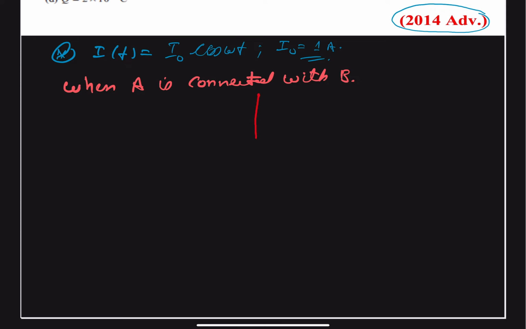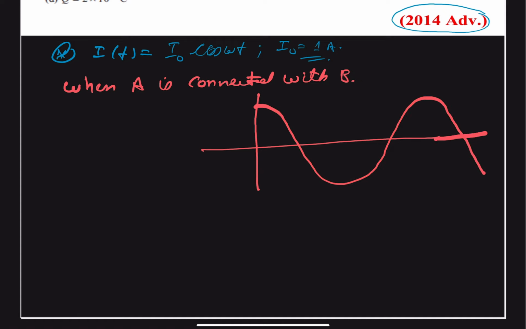So you can just draw it. For omega t equal to 0, the capacitor current is going to start from the peak value. So it will be going something like this. And this will be our pi, this point will be 2 pi, and this will be our pi by 2.